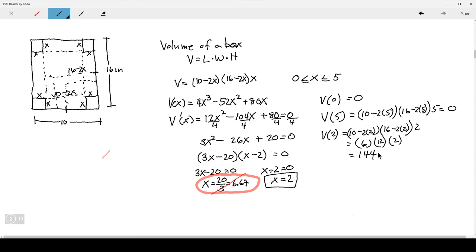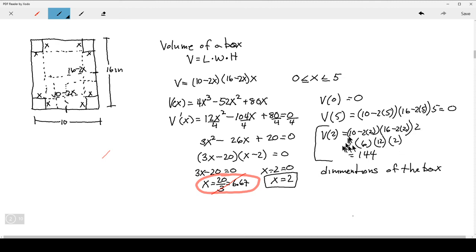So this right here is my solution. That's the only one that gives me a box. So what I end up with is the dimensions of the box: 6 by 12 by 2.